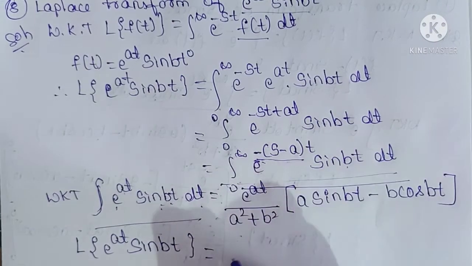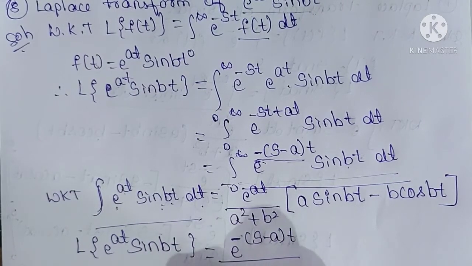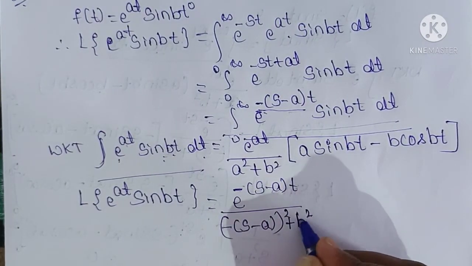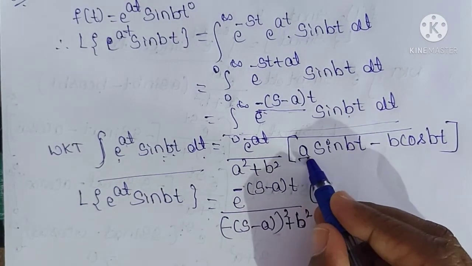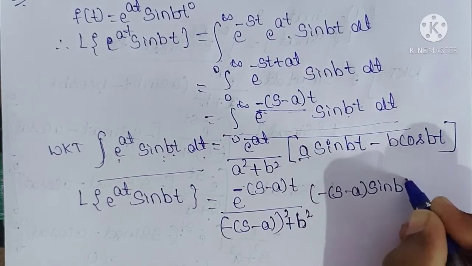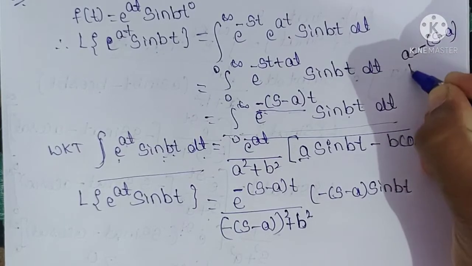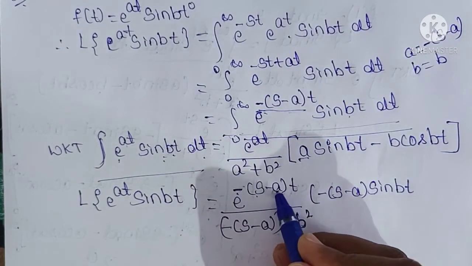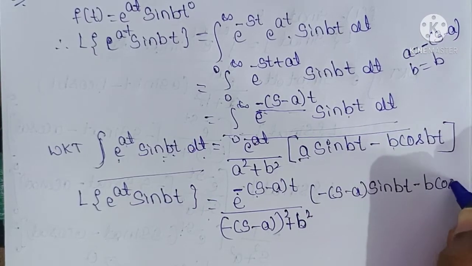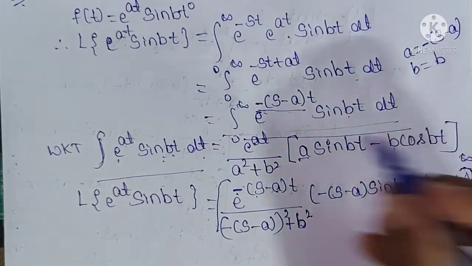Therefore integration of this entire term is e to the power of minus s minus a of t divided by minus s minus a whole square, in place of b, b only, plus b square, into a, in place of a minus s minus a, sine, in place of b, b only, minus b cos bt, 0 to infinity limits.